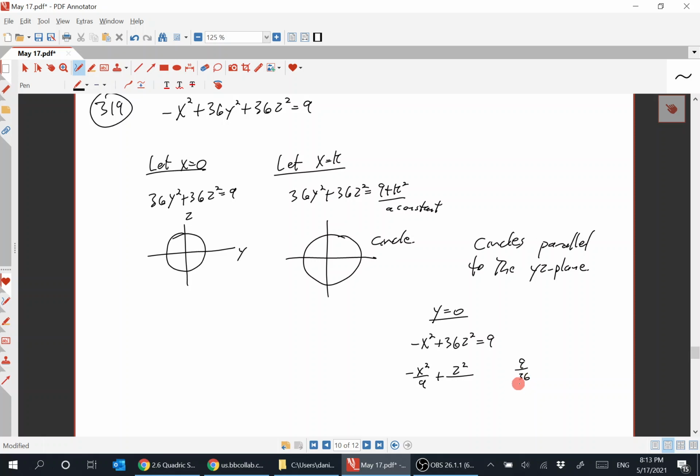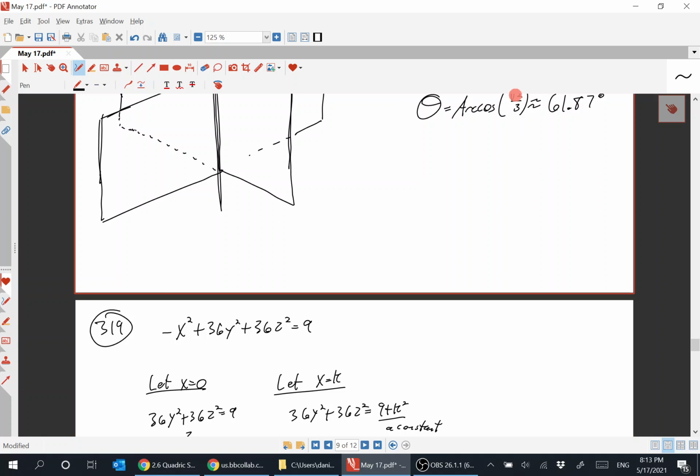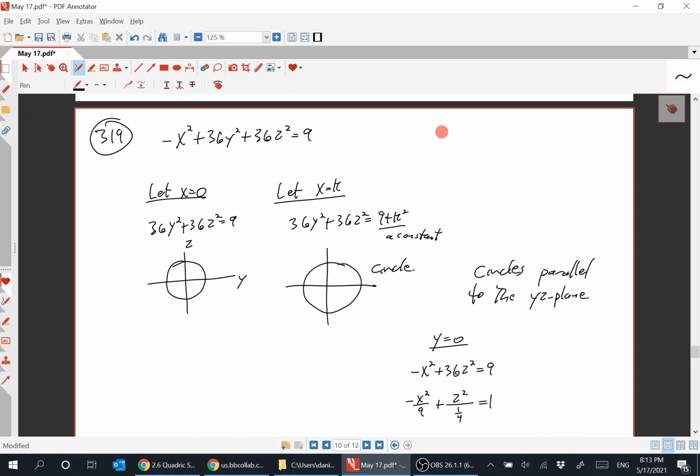Divided by 3, well, it's 1 over 4. Equals 1. So now, what is this? Don't think too much about what those numbers are, but what kind of curve is that in the XZ plane? Right. Remember the form of the hyperbola.